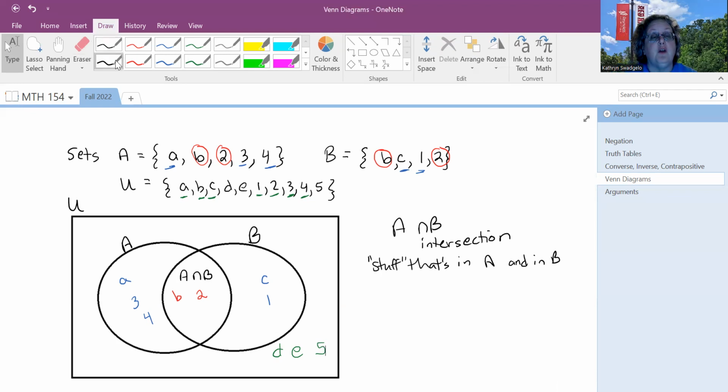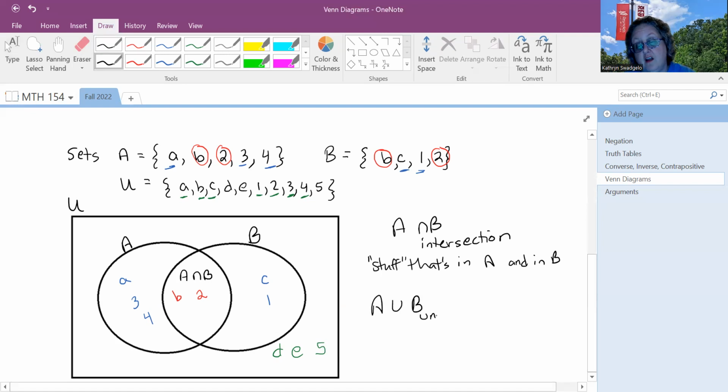Now we also have another thing that we call union. A union B, and it looks kind of like a U for union. And remember, we use or, that looks kind of like a V, and we use and, that kind of looks like an upside down one, or A. The symbols are similar together on purpose.